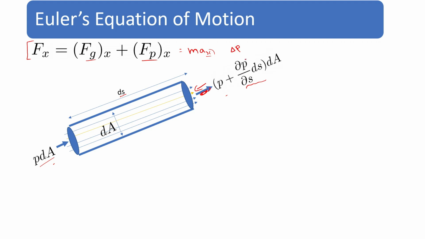Dou P by dou S is the rate of change of pressure, and ds is the length. And we have the gravitational force acting downward, equal to rho g into dA into ds, and this angle is theta, the angle made with the streamline.